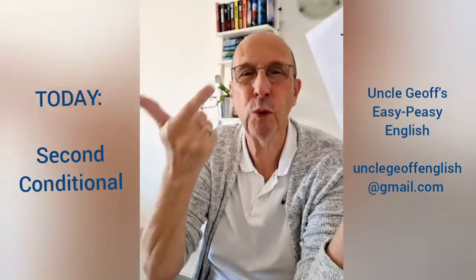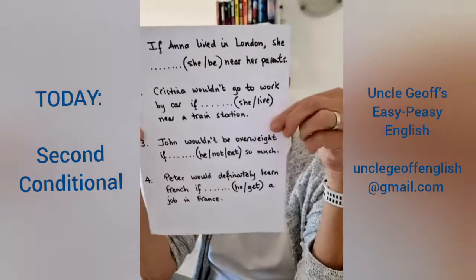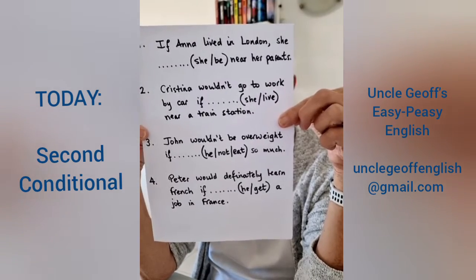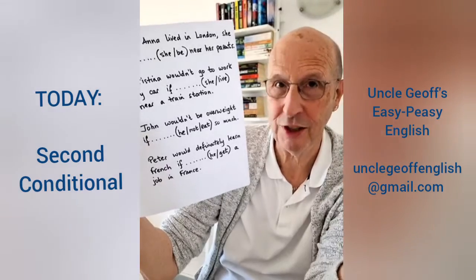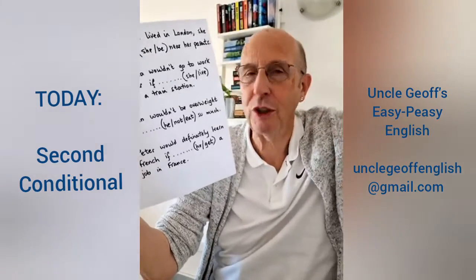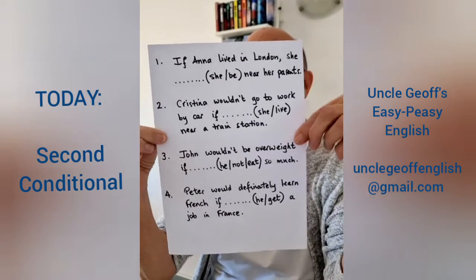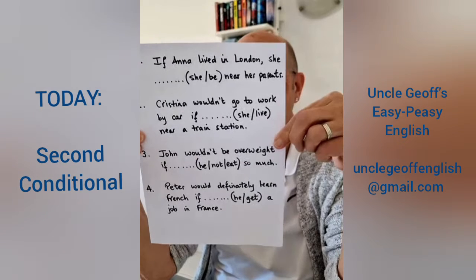She would, because after would, it must be infinitive, she would be. But does she live in London? No, she doesn't. She lives in Ipswich or Bournemouth. If she lived in London, she'd be near her parents.